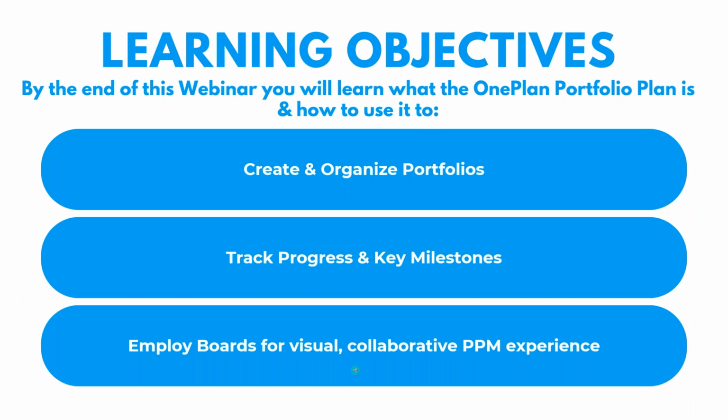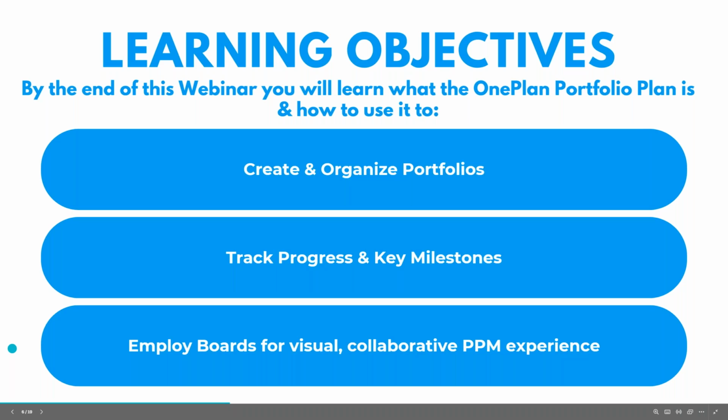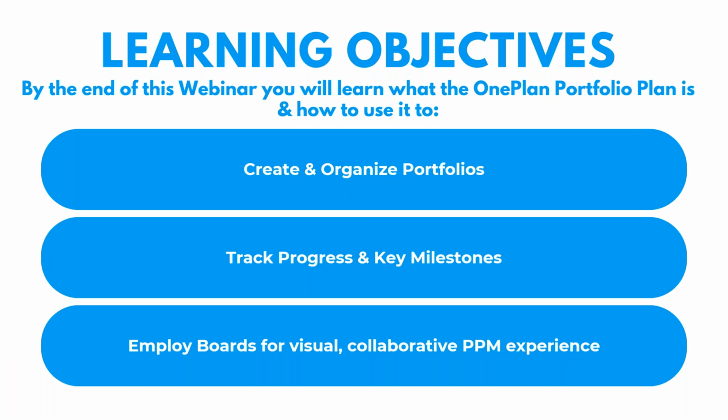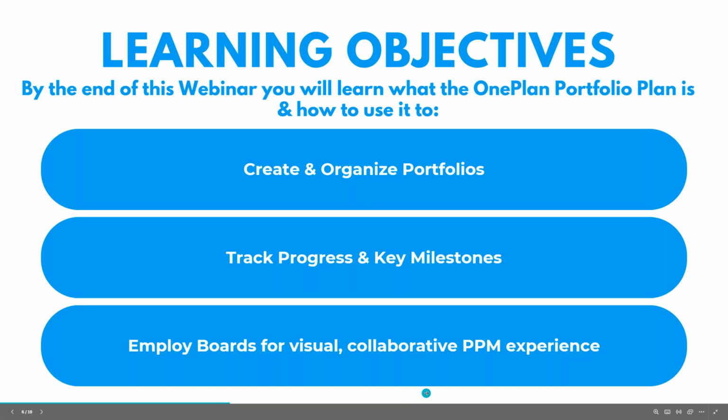We're also going to show you how to use the OnePlan portfolio plan module to create and organize portfolios using element-neutral approaches and work hierarchies, how you can track progress and key milestones with the Portfolio Gantt, how to employ boards for a more visual, collaborative project portfolio management experience.